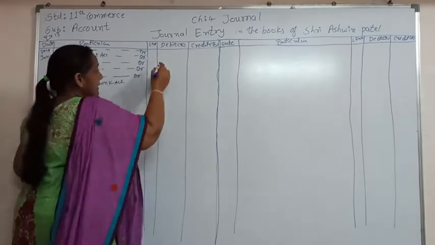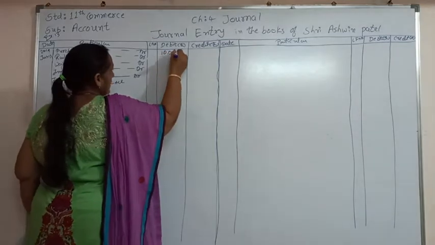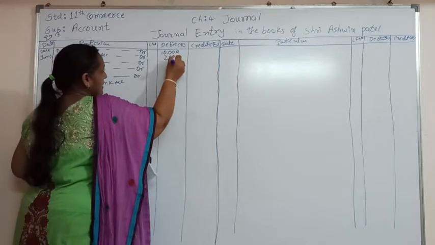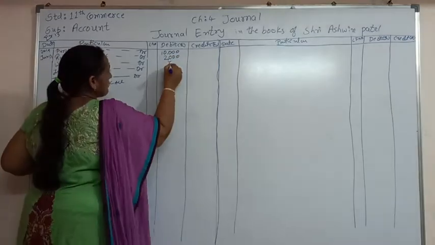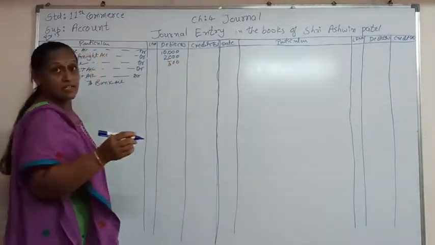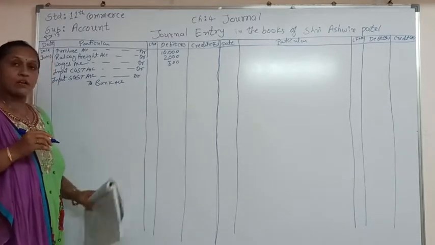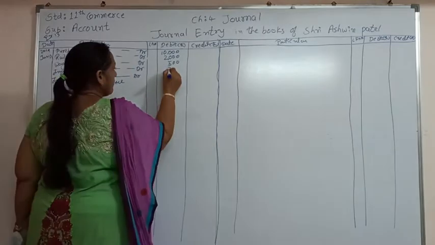For that, see here we have purchased goods of 10,000. Then we have paid railway freight of 2,000 and wages of 500. So the total is 12,500, and 6% of 12,500 will be 750.